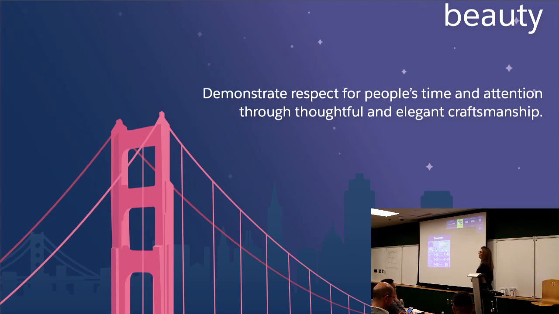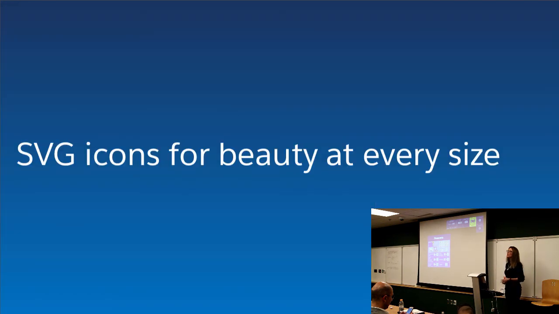And what we've done to really try to make beauty a thing, because how many of you have to deal with mobile and all different sizes of everything, right? So we are using SVGs so that we have scalable vector graphics. They've been around forever. They're just becoming a real big thing.